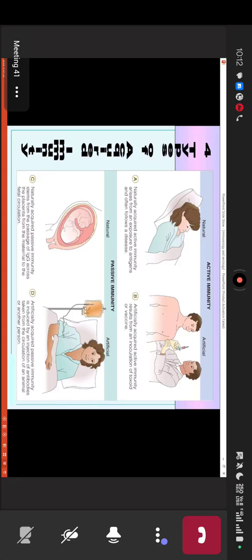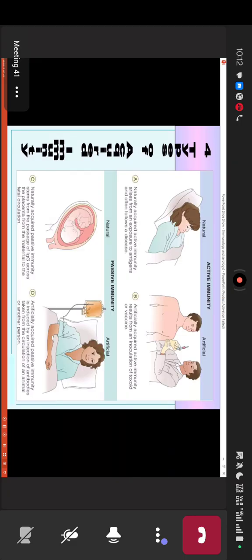IgG is a type of antibody which is passed from mother to fetus. Now artificial. Artificially acquired passive immunity is induced by injections of antibodies taken from the circulation of an animal or another person. So passive artificial immunity is given to the patient by injection of antibodies taken from animals or any other person.